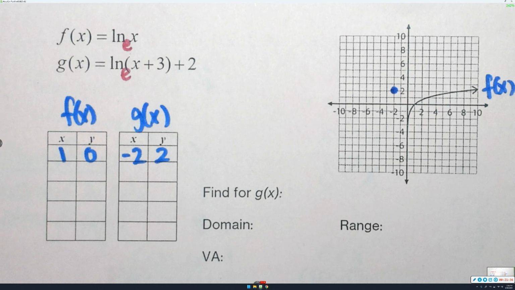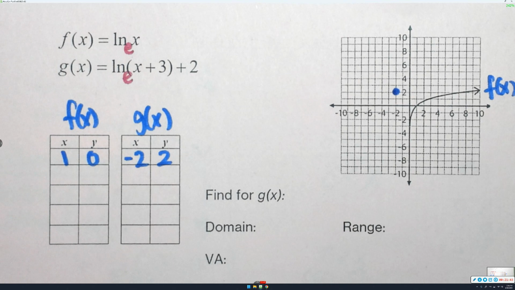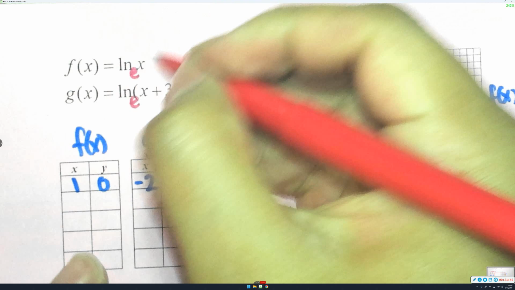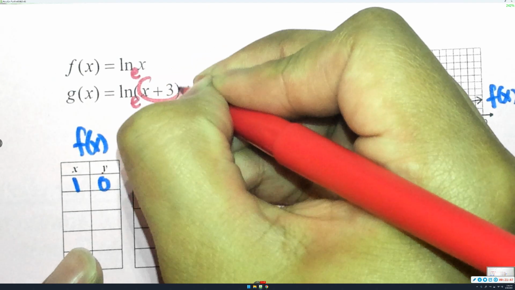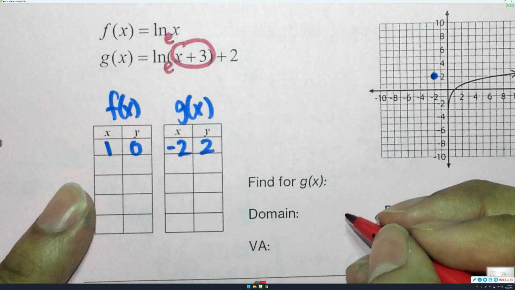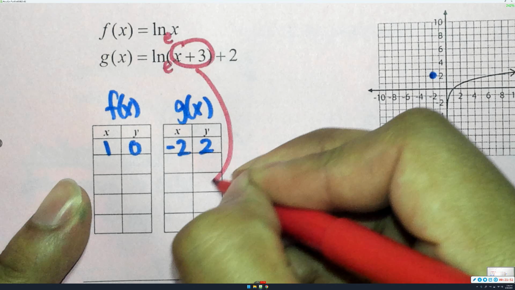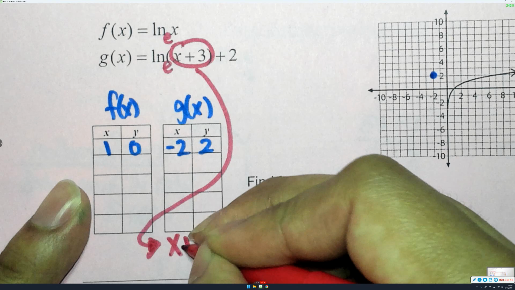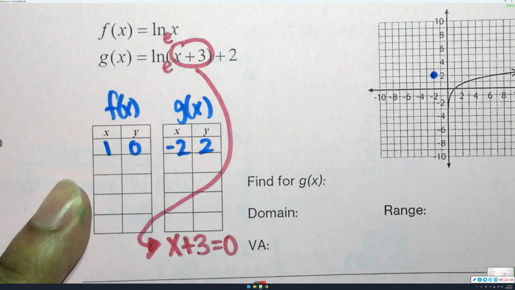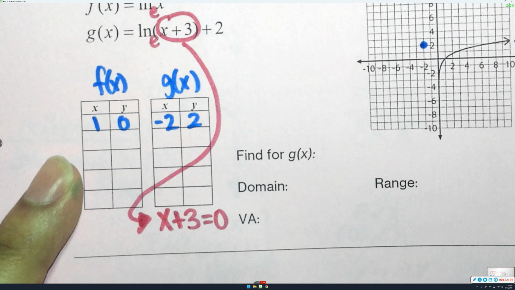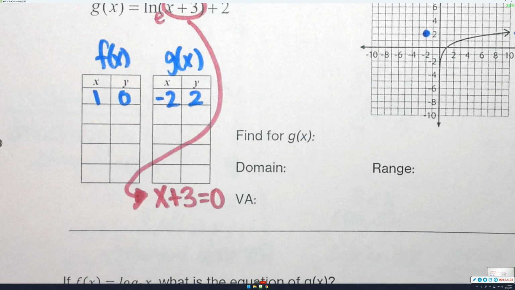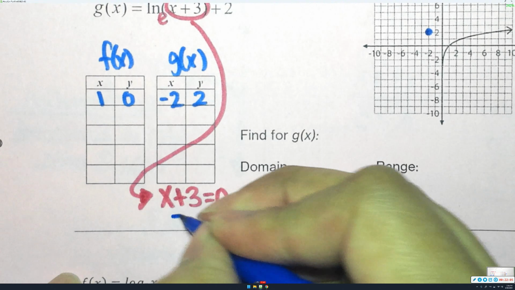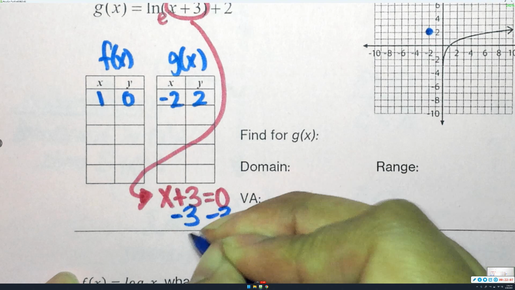Okay? Now, before I jump into anything else, I need to identify the vertical asymptote. So how do I do that? Well, I solely work with the inside terms within the parentheses. So right here, I have x plus 3, and I set it equal to 0. Then I isolate and solve for x by subtracting 3 on both sides. -3, -3.